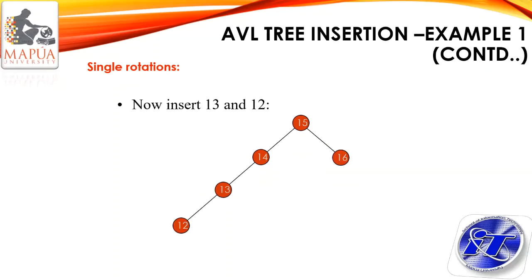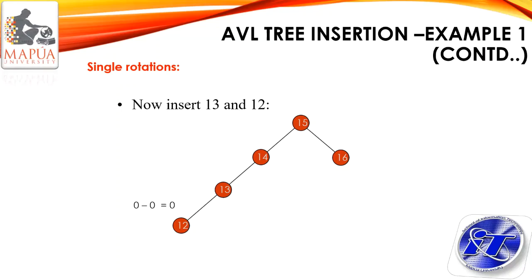So let's insert 13 and 12. When we insert 13, it should be inserted on the left side of 14 as a child, while 12 will be inserted on the left side of 13 as a child. And let's check if the BF is still valid for an AVL tree. So 12, 0 minus 0 is 0.